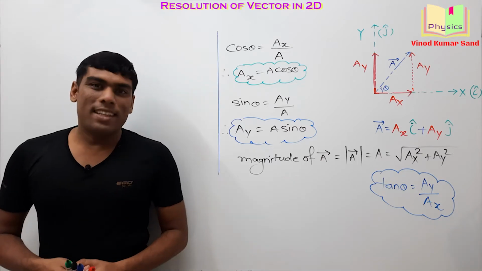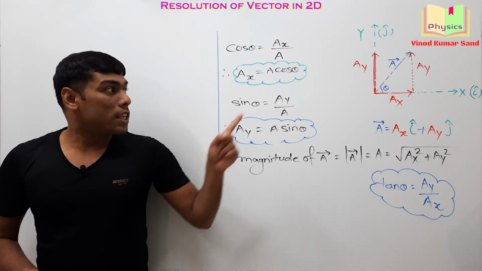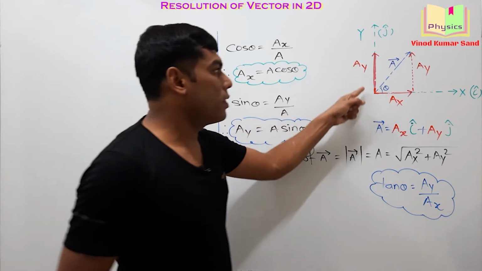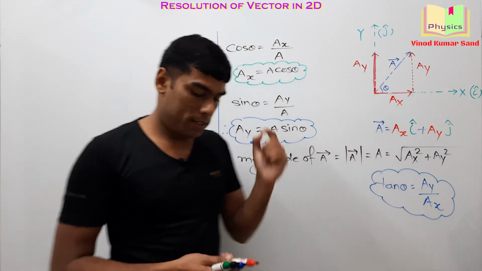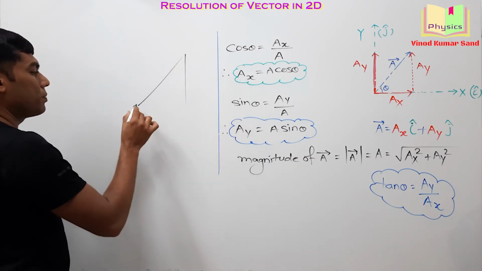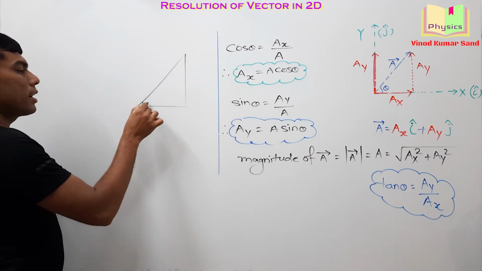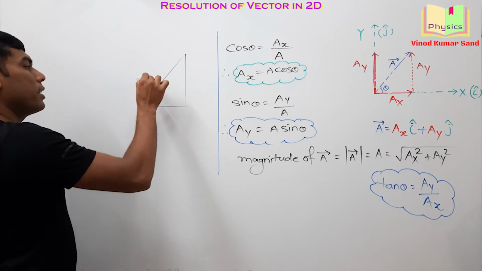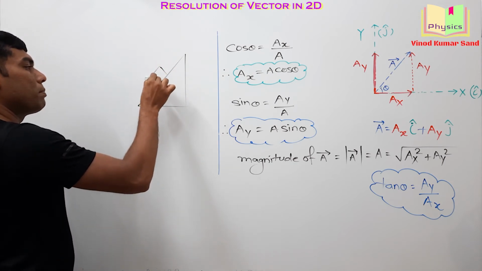Now we will see the practical applications of the rectangular components in the 2-dimensional space. So let's have a few good examples here. Suppose this angle is theta and here we put a mass m.